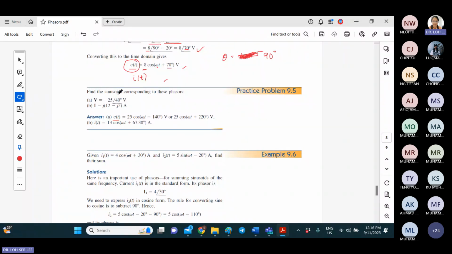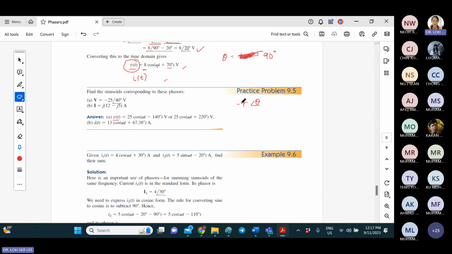So this one, we have to use another formula. I give you this formula: negative R theta.